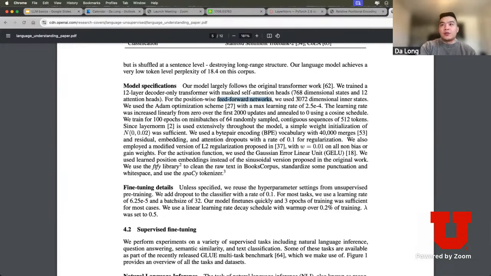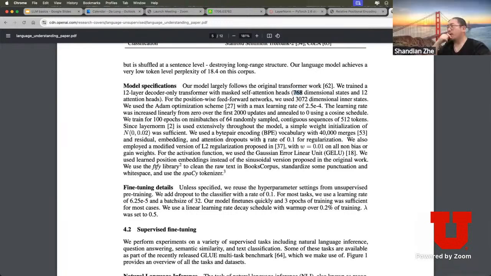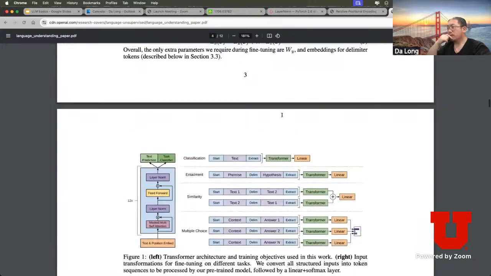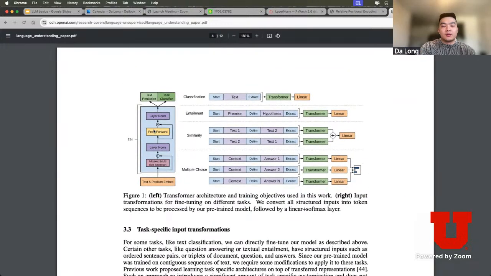Okay. And I also noticed that in this paper, for the MLP, they use a larger dimension, 3,000 and more dimensions. So it's much larger than the attention. How many feed forward layers did they use after the attention layers? Just one.